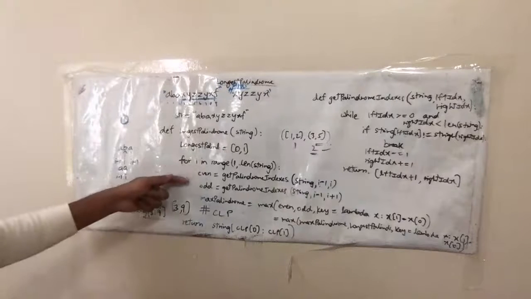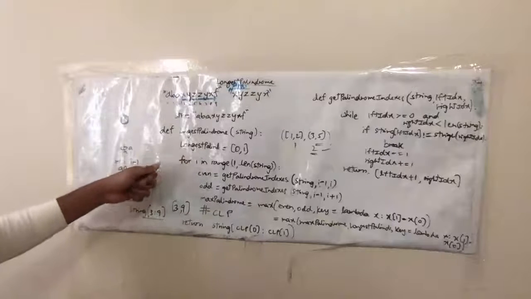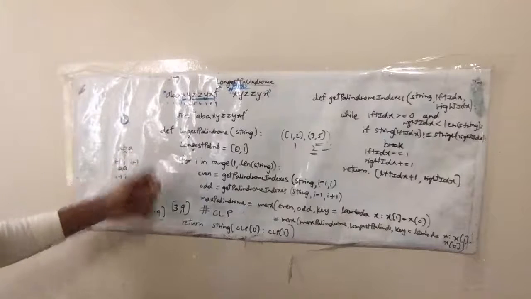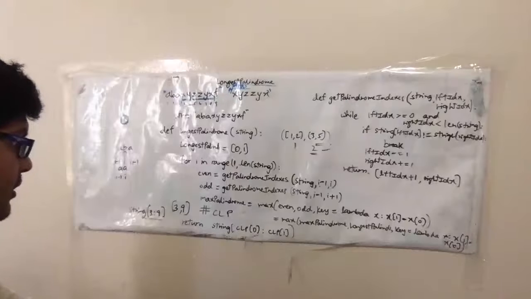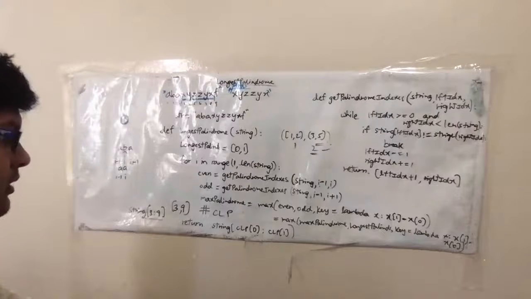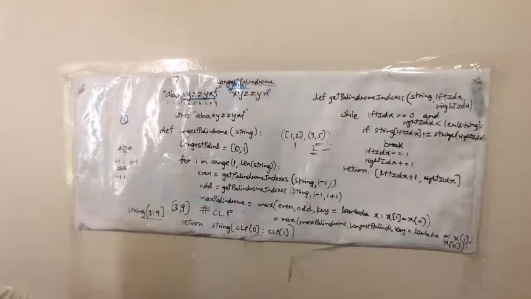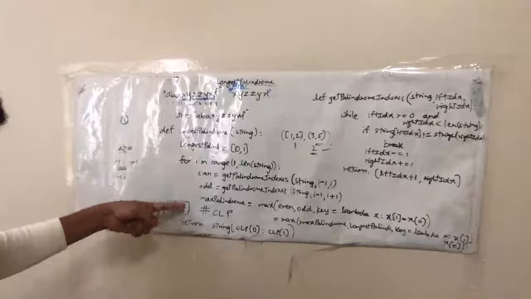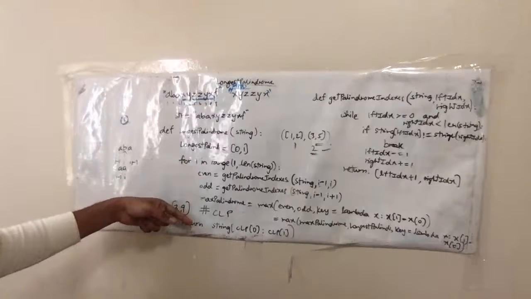So I think that's it regarding the time complexity. What is happening? It is iterating once here and calling a function there.